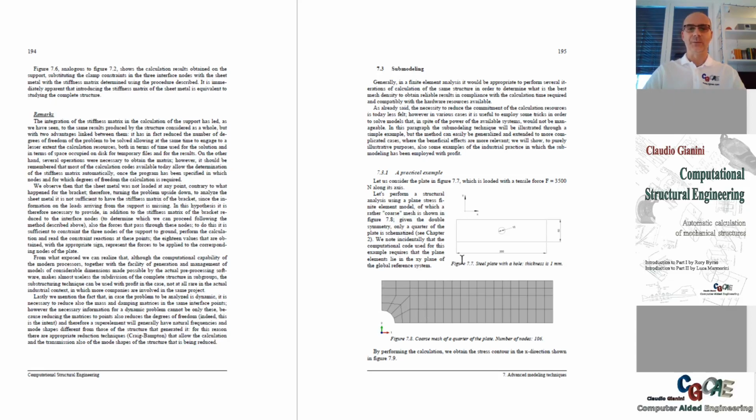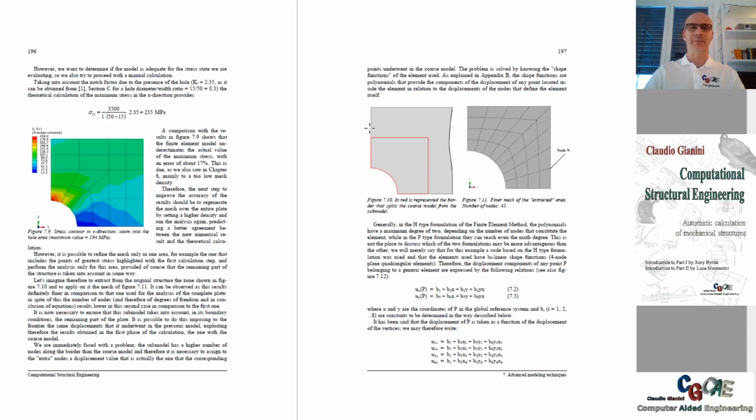And here, once again through a simple example, we see how to extract the boundary conditions to be applied to the portion of the model extracted from the global model, and how to apply the proper boundary conditions through the usage of the shape functions. So this example can also be redone with any other code.